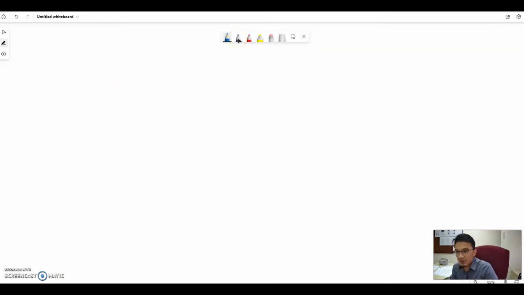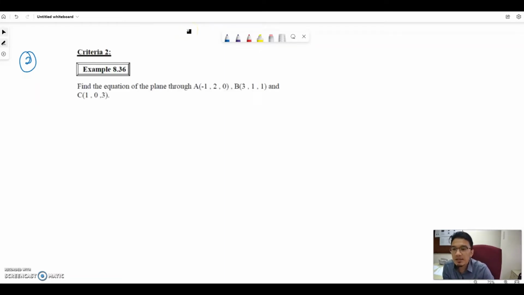Alright, then for criteria number 2, we go through example 8.36. The example says find the equation of the plane through points A, B, and C. These 3 points A, B, and C must lie on the surface of a plane.